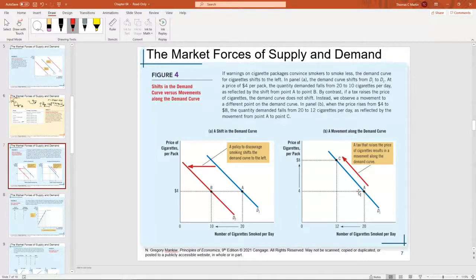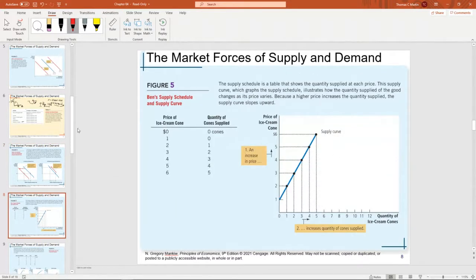They went from 20 a day to 12 a day. Now you can have some diehards who have money, and they're going to stay right here. But a lot of people are going to have to make some difficult choices and move to this new quantity.